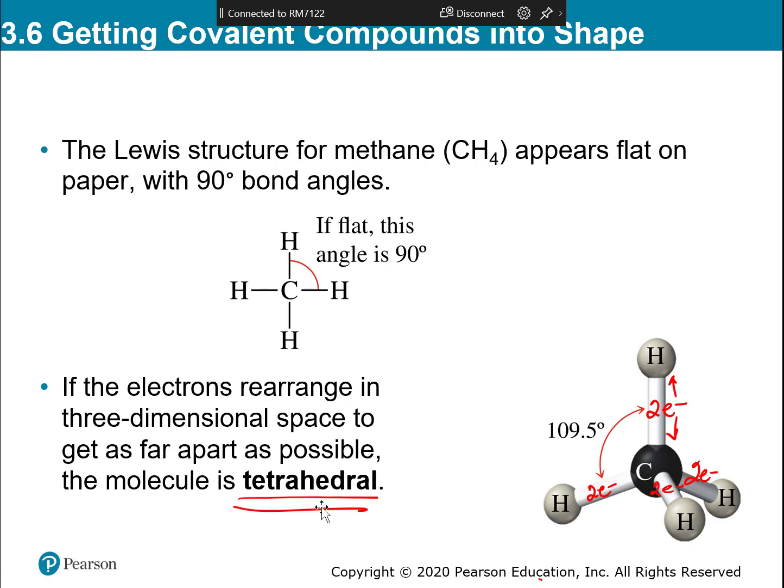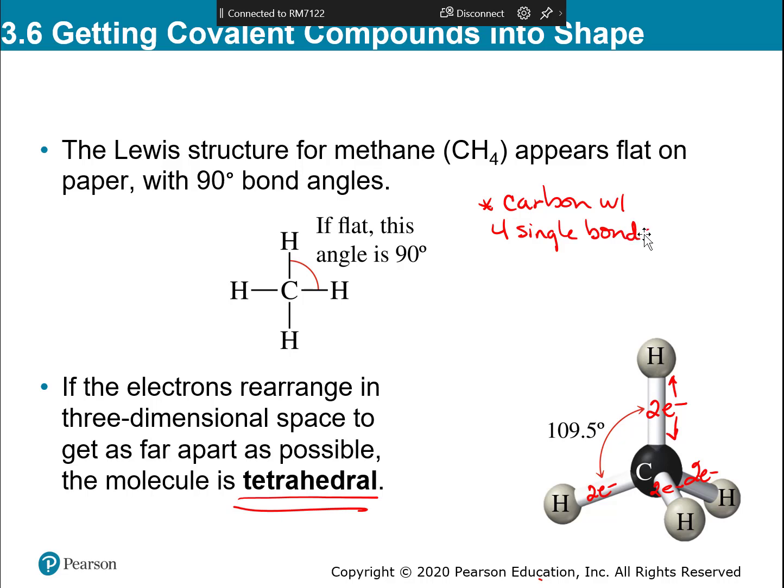What do you know about tetra? Tetra means 4. Can you see that there are 4 points? It's kind of like a four-pointed pyramid, with one hydrogen up and three forming the bottom. That's where the word tetrahedral, meaning four-pointed shape, comes from. You can put a little note here: carbon with 4 single bonds.